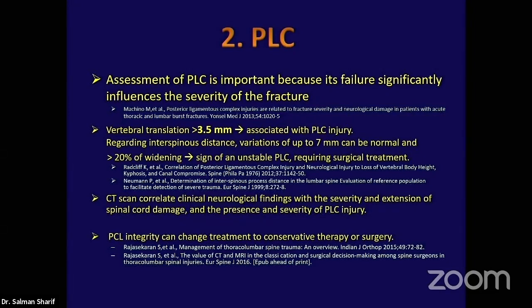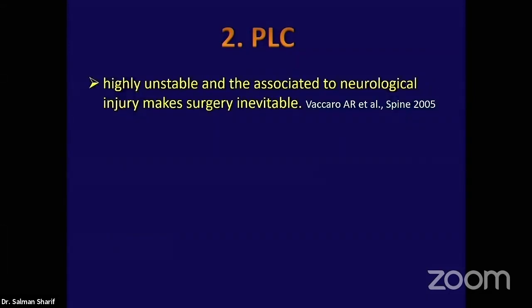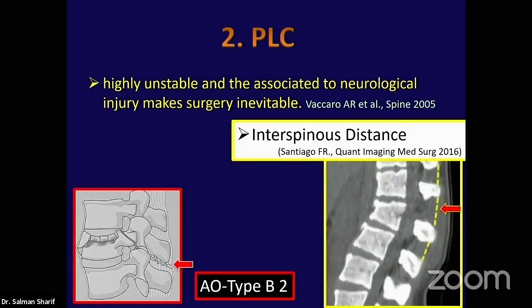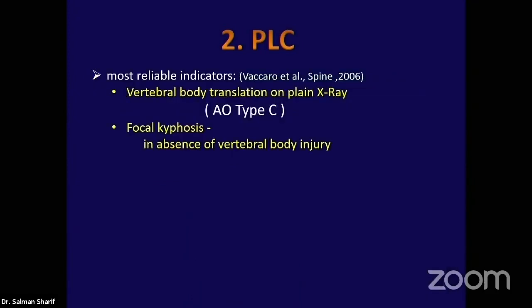It depends on the findings of the MRI. A highly unstable PLC injury associated with neurologic injury makes surgery inevitable. Like this in AO type A2 with suspected PLC injury, also this with interspinous distance.